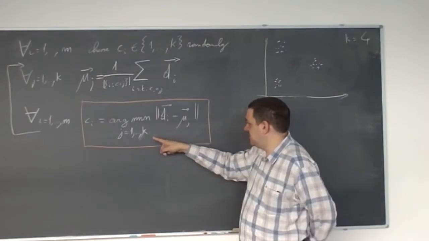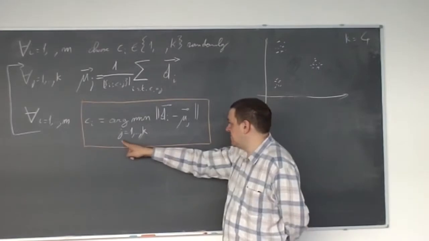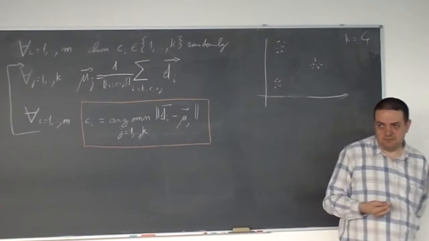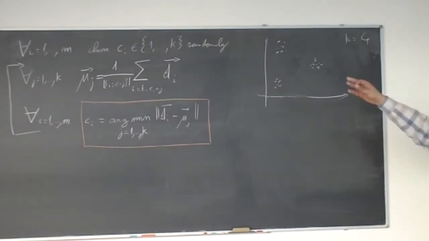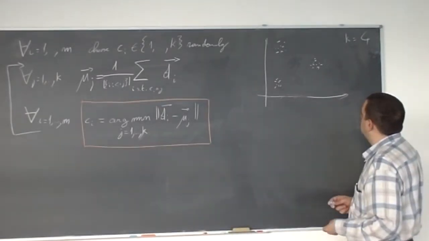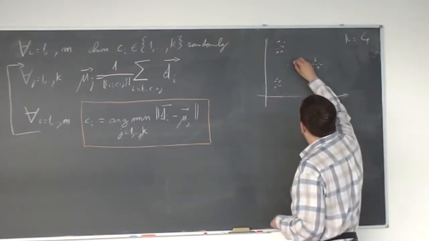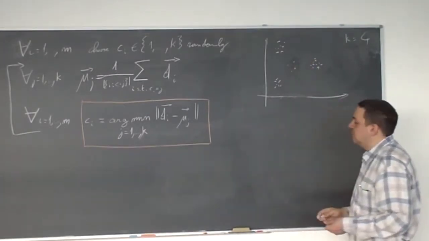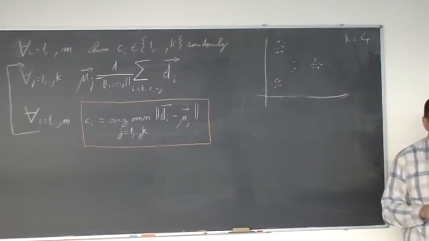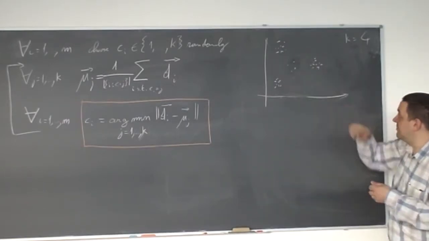What happens if some of the mu_j are never the closest one to any document, for example? In this case, the algorithm is undefined. So initially, the 4 representatives will be somewhere in the center, because elements of all clusters will be everywhere.